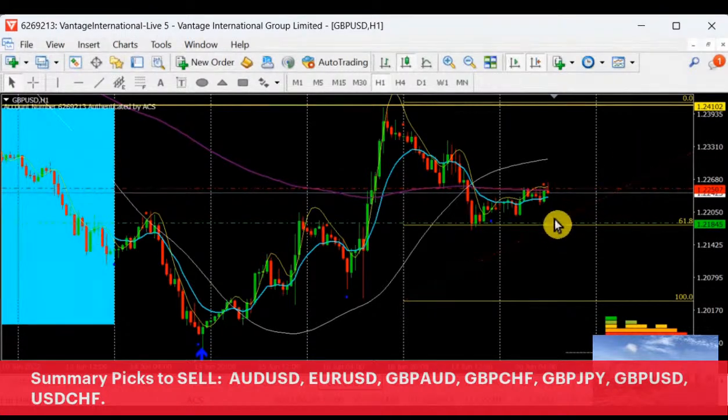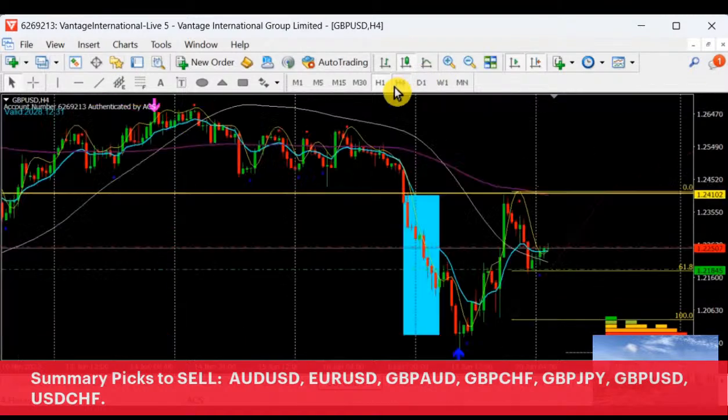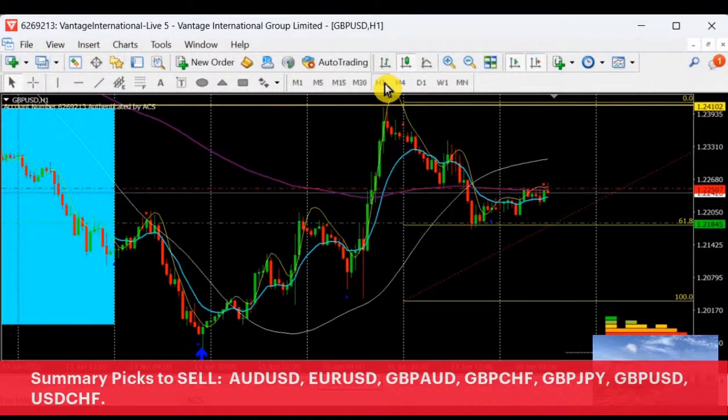So I'm looking at selling from now. There may be a chance that it comes down, tests the support, and after that we'll continue the buy. I guess that is highly likely, judging by last Friday.